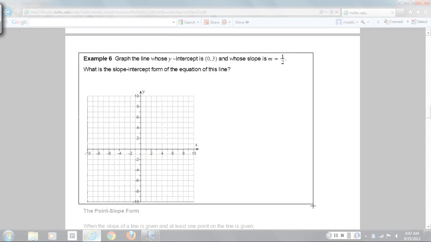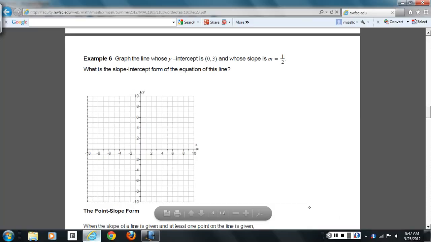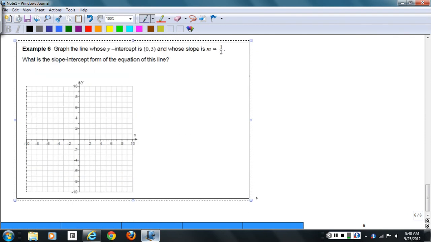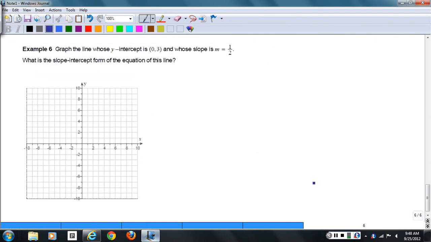Okay, we want to graph a line that has a particular slope and goes through a particular point. This really doesn't have a lot to add to that line that we graphed a little bit ago that went through the point 2,1 and had the slope of 3/4. I think the point of this example is that if someone gives us the slope-intercept form, or maybe we find it on our own, we can get from here to a graph pretty quickly.